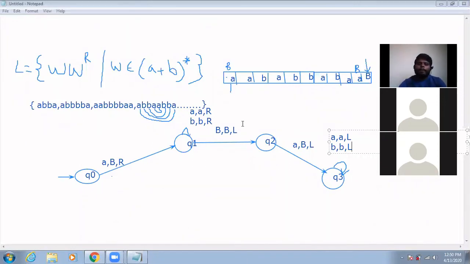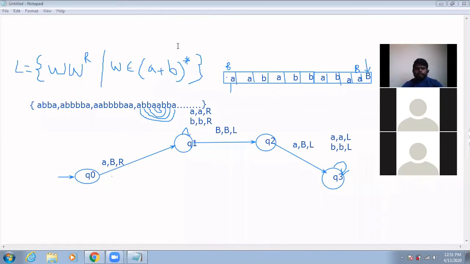Whenever a blank is encountered, you need to repeat this process. After moving left any number of times, here you encounter a blank.